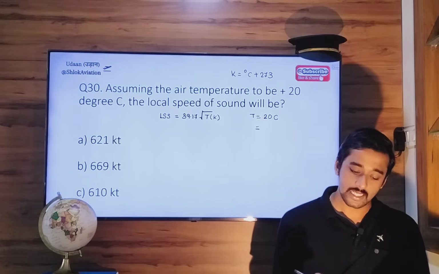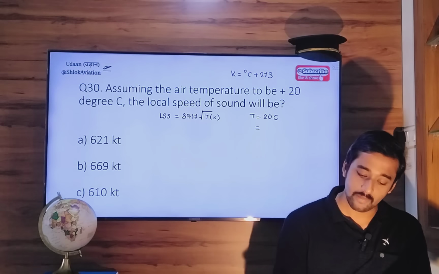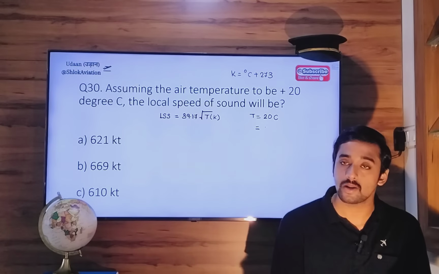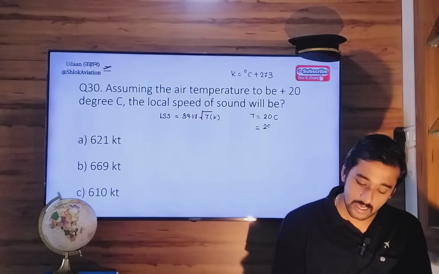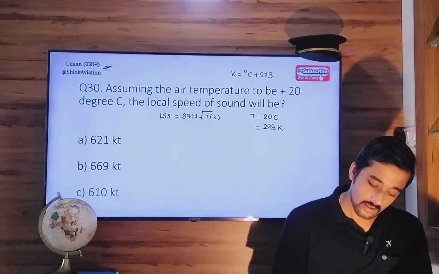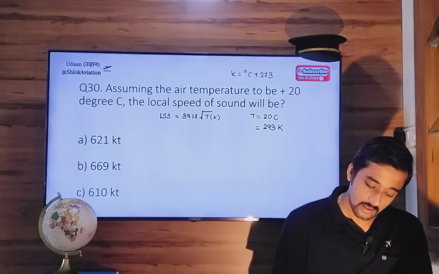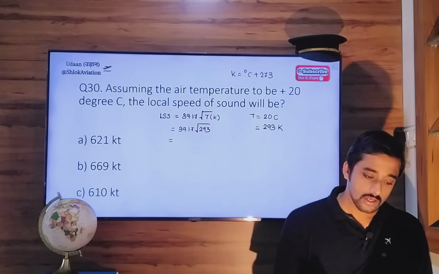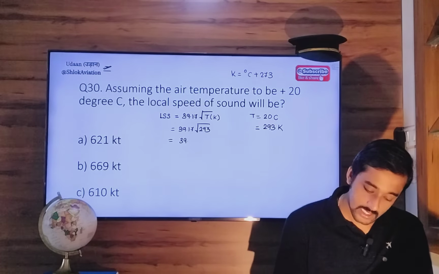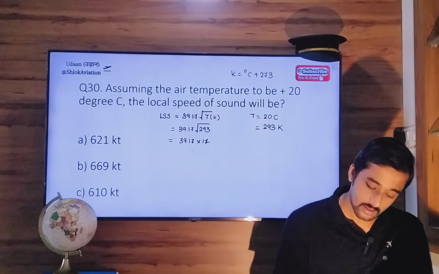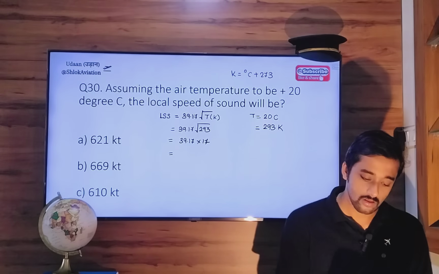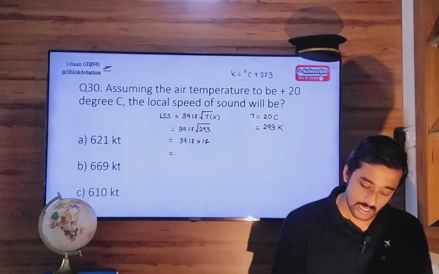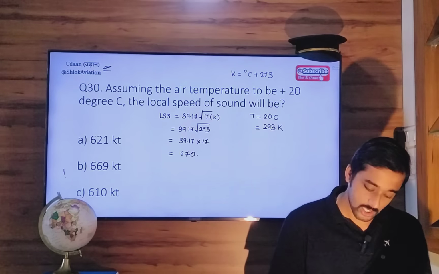So if 20 degrees Celsius is given, the temperature in Kelvin will be 273 plus 20, 293 Kelvin. 39.17 square root of 293, square root is 17. So 39.17 into 17 is 670 knots. So option Bravo.